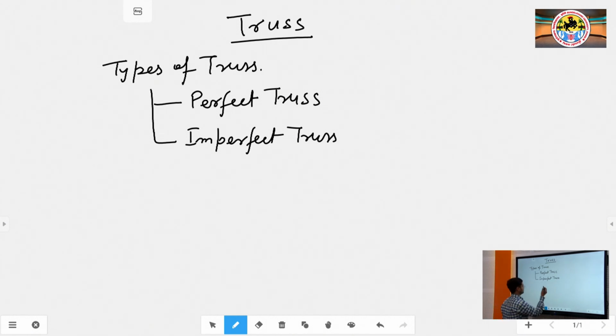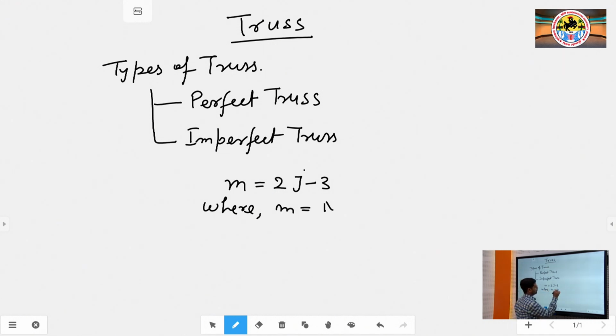The formula for identifying the truss is m equals 2j minus 3, where m stands for number of members and j stands for number of joints.